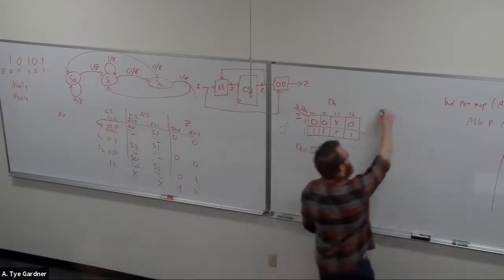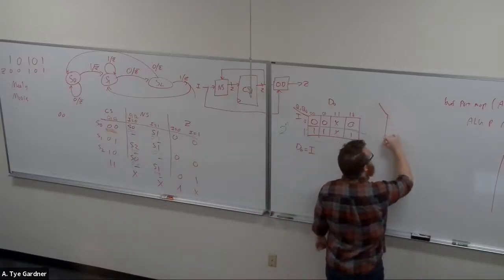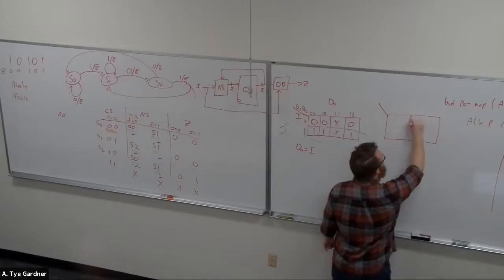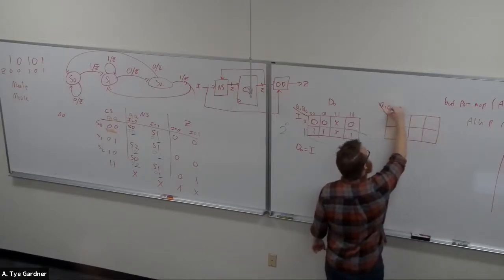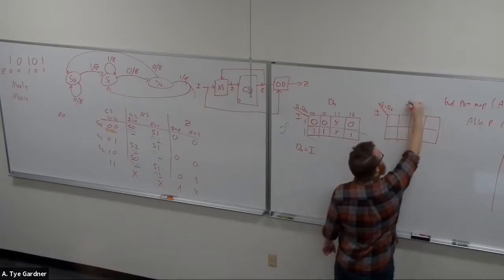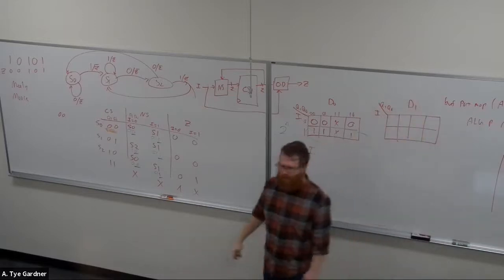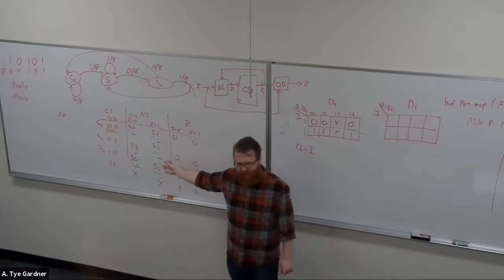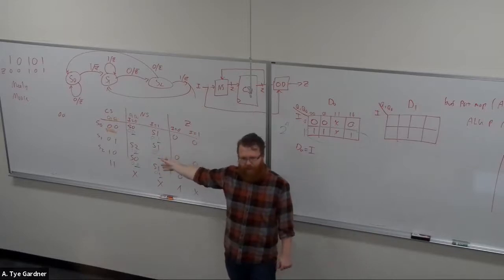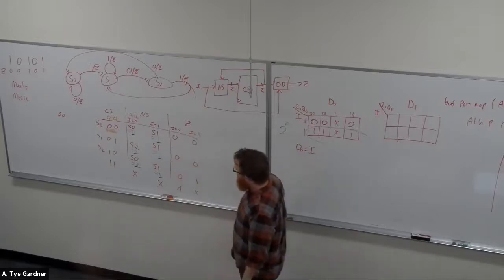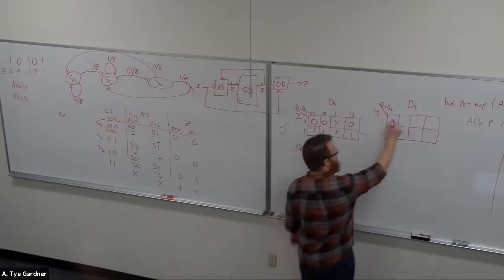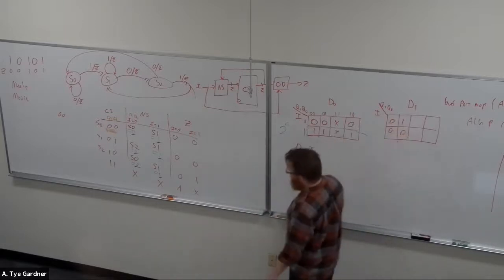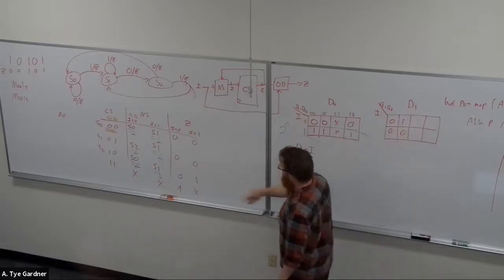Well, now that we've done that, we can go do D1, the other bit, right? The bits that aren't underlined in blue. But this is the nice part. When you're in the exam, once you figure this pattern out, now I just go, well, it's 0, 0, 1, 0. 0, 0, don't care.